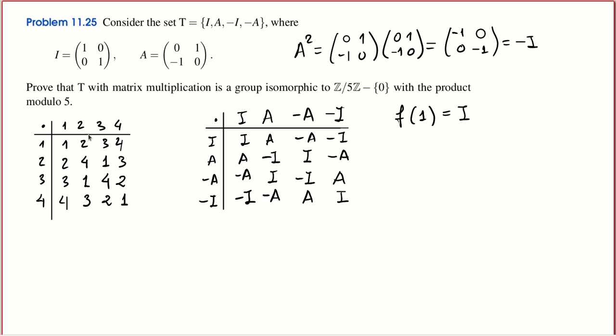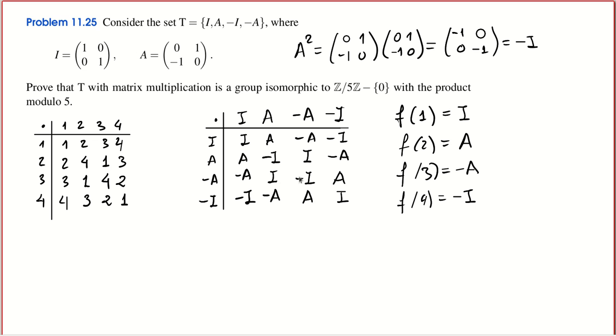So F of 2 is equal to A. It's the same thing for 3. You have 3 here and here, and it also appears here and here, in the same positions, so F of 3 is equal to negative A. And finally, F of 4 is going to be negative I.